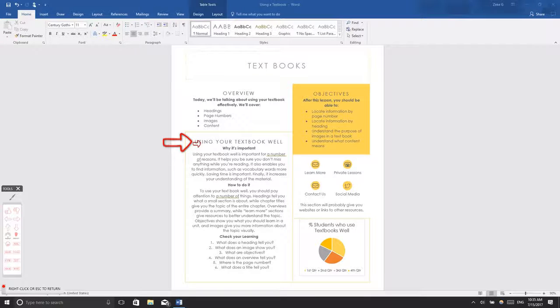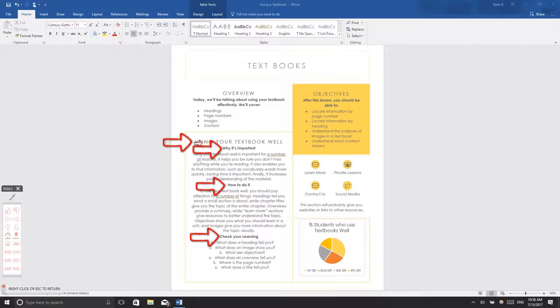Then I see some smaller headings here that are in bold print. And they're called Why It's Important, How to Do It, and Check Your Learning. So when you're looking for information or approaching a new chapter, it's always helpful to look at the headings first to know what's where.